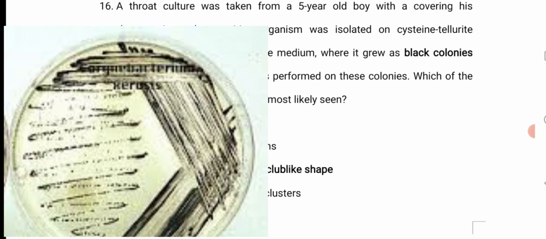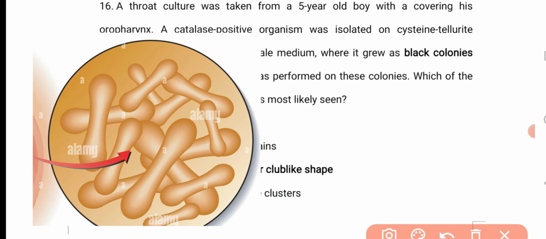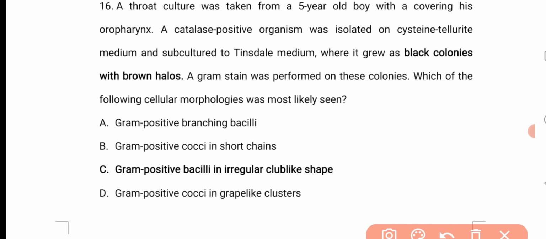This is clearly the most known gross characteristic of gram-positive bacilli in irregular club-like shape. So this will be gram-positive bacilli with irregular club-like shape, as you can see from this.